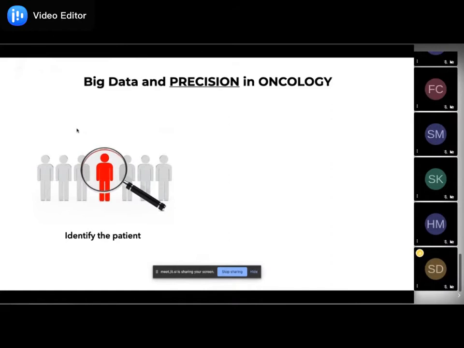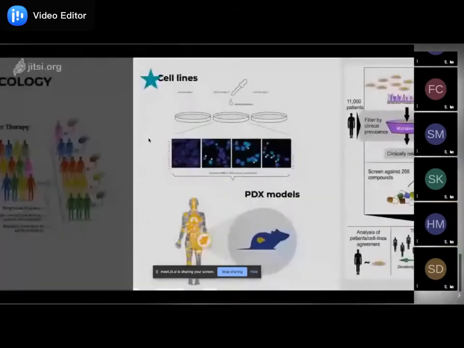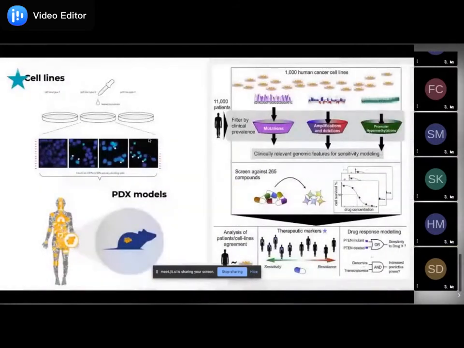So how a person is responding to a treatment: if a drug is given, then looking at a genomic level, how it is helping in targeted cancer therapy. Talking about these therapies and how this entire paradigm has changed, how pharma is using this, how the big pharmaceutical industry and the small biotech companies are working.